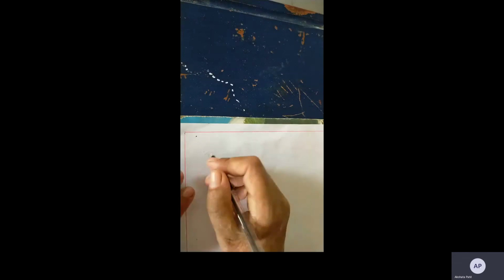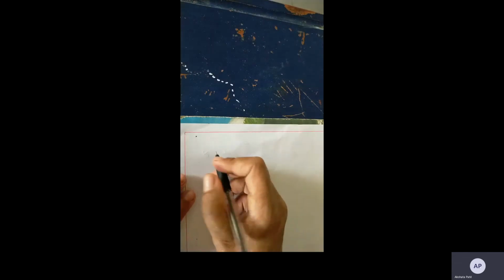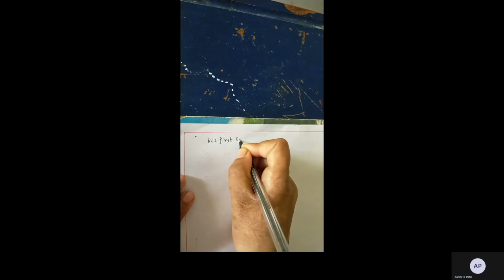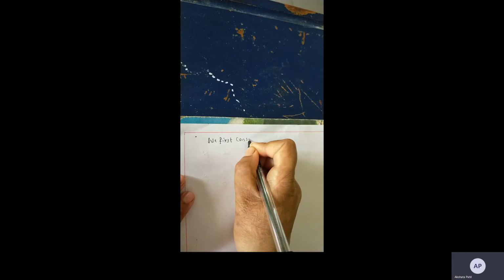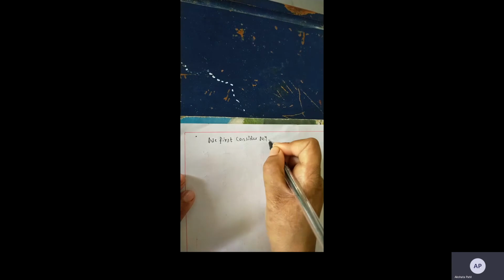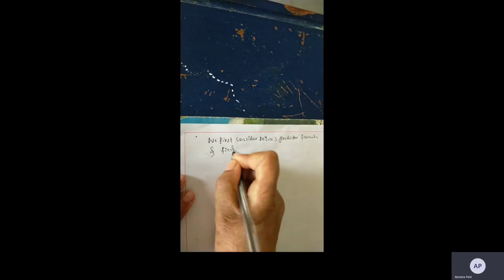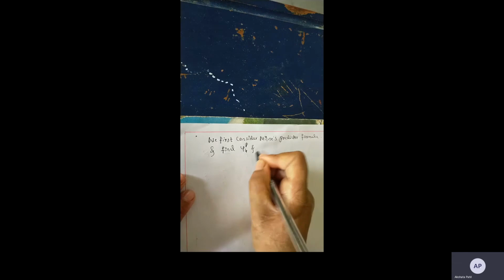Now, after preparing the table, we first consider Milne's predictor formulae and find y4 of predictor and z4 of predictor.